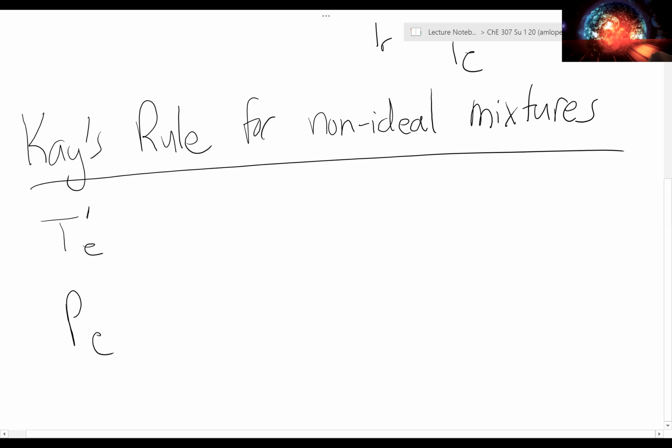So we call them Tc prime, Pc prime, because they're not a true critical temperature and pressure, but they're kind of an approximation for the mixture as a whole. And Kay's rule says that these pseudocritical values are essentially a mole fraction of your component times the critical temperature of that component. And the same thing with the pressure.